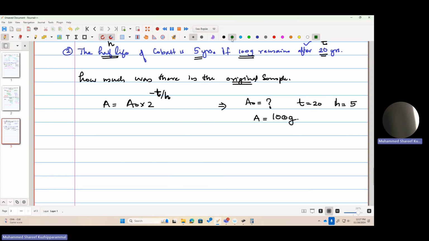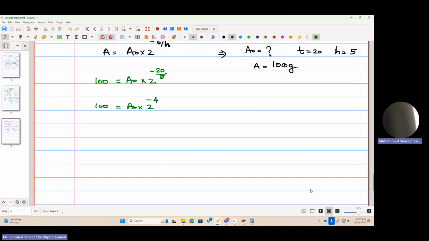So let us do this question. Everything is there, you just substitute. A naught we don't know. A is 100 gram. 2 power minus T by H is minus 20 by 5, so 2 power minus 4. Now if you bring it down, this becomes A naught by 2 power 4 is equal to 100. 2 power 4 is 16, you know that.